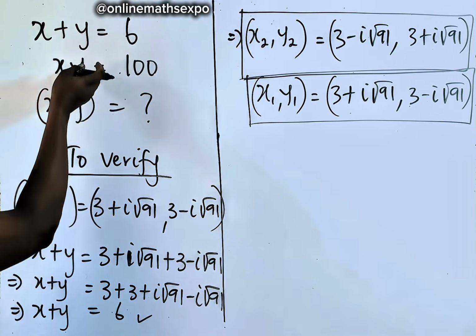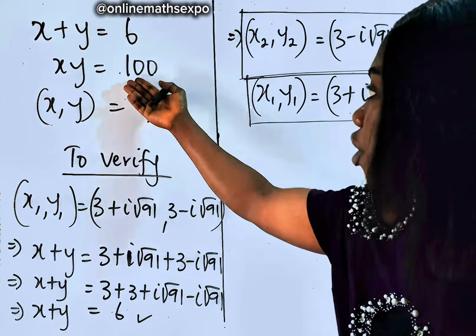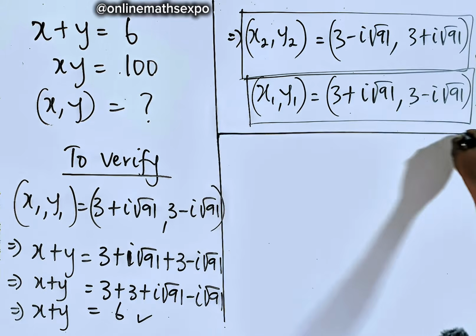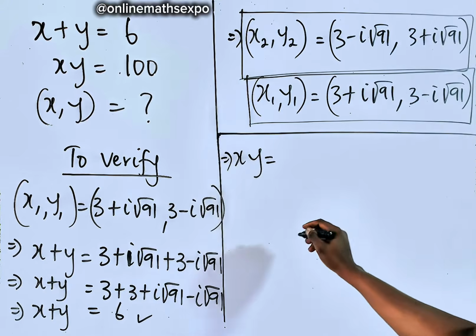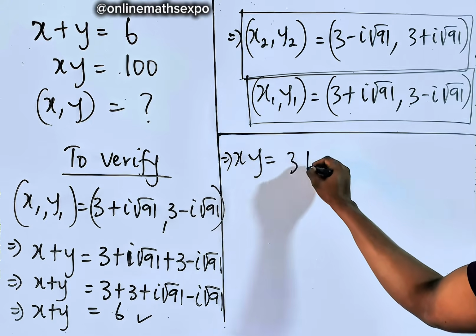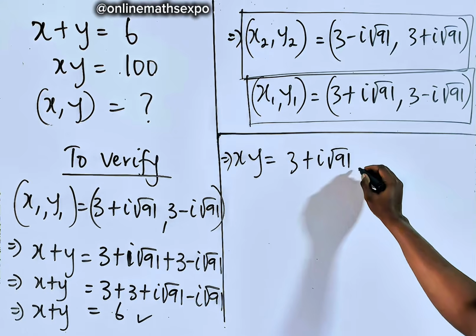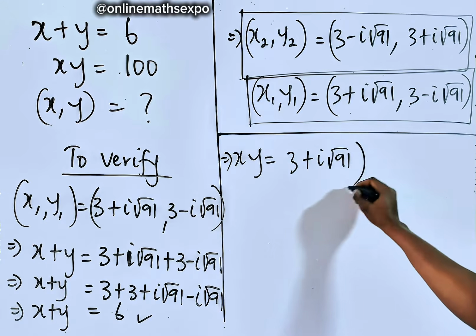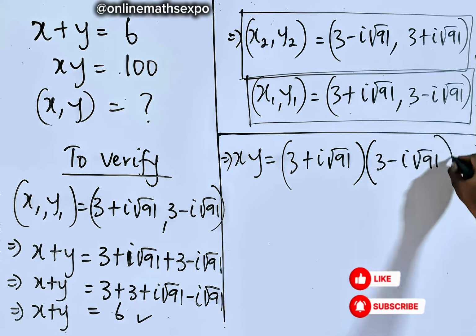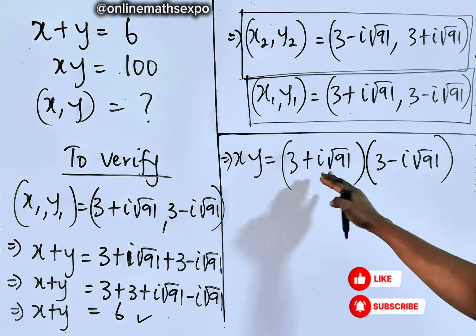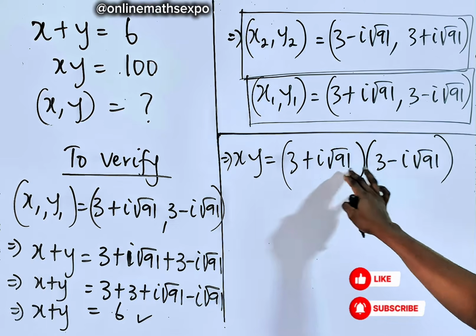Let's also do the same for equation 2. For xy, this is what we are using: 3 plus i root 91, and remember, these two are multiplying, so we are multiplying by 3 minus i root 91. At this point, you see that these two are the same, the difference is the sign.